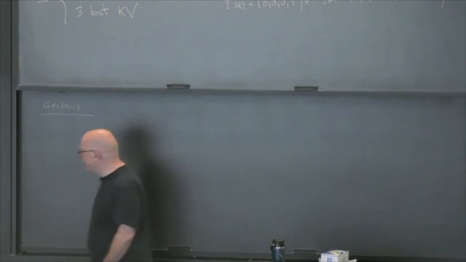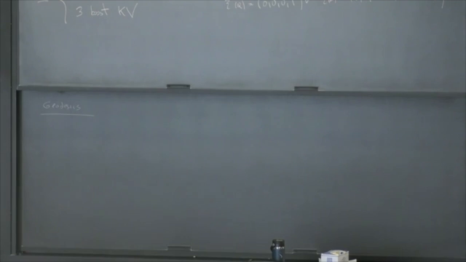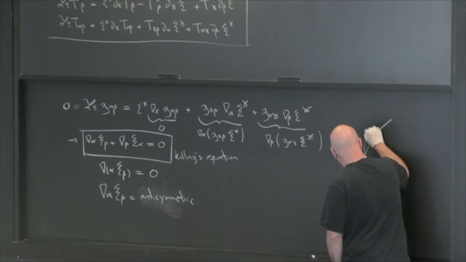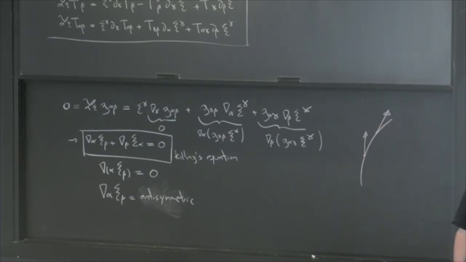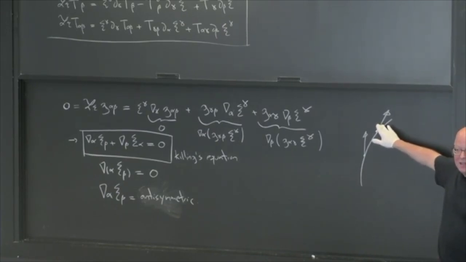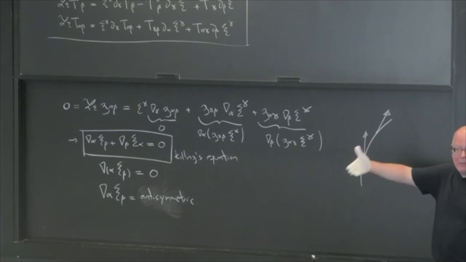One would be, if you're given a curve, and if that curve has a tangent vector, and if that tangent vector happens to be parallel transported as you move on the curve, then by definition, that curve is a geodesic. And that notion of geodesic is directly dependent on your definition of the connection. If you play with different connections in different manifolds, you will introduce a notion of geodesic that will be different depending on the choice of connection.